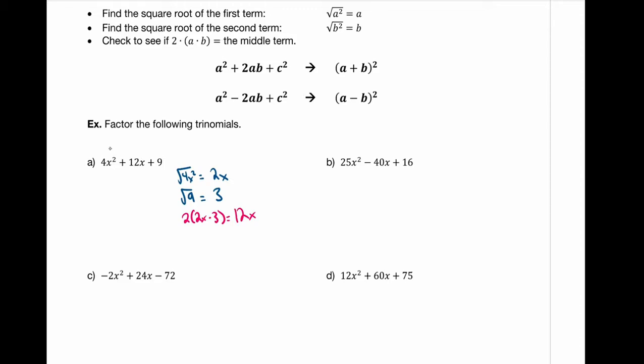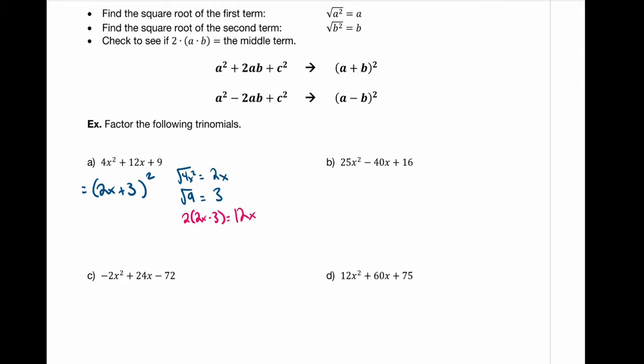So that means that this trinomial is a perfect square trinomial. So then I can simplify this to the first term, 2x, plus the second one, 3, squared.